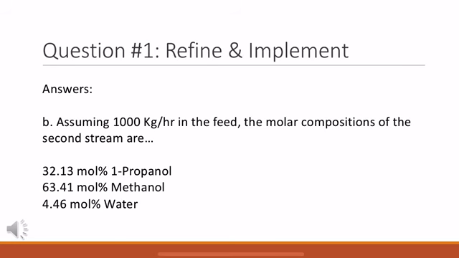The answer for part B we found by taking the weight percentages from part A and converting them to molar percentages, therefore getting the molar composition of the second stream to be 32.13 molar percent 1-propanol, 63.41 molar percent methanol, and 4.46 molar percent water.